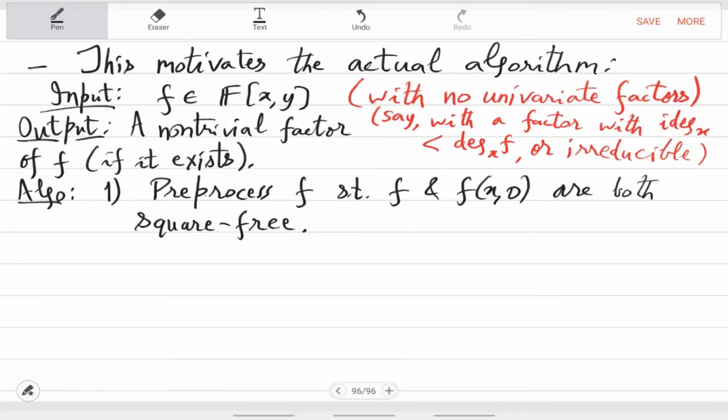Another thing we can achieve in the pre-processing is to ensure that setting y to 0 does not change the degree of f with respect to x, that is, f at y equal to 0 keeps that degree. What does it mean? If the degree of f with respect to x is more than the degree of f at y equal to 0, it means that in the leading monomial with respect to x, y divides it.